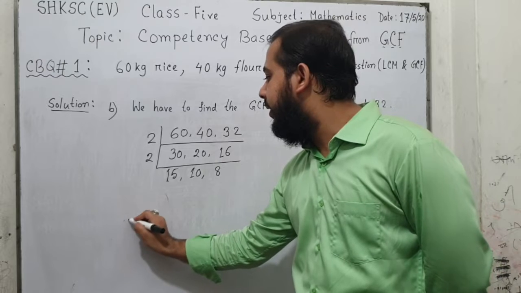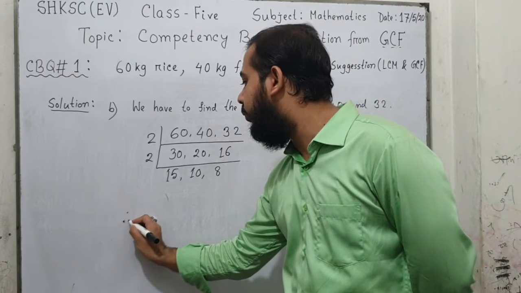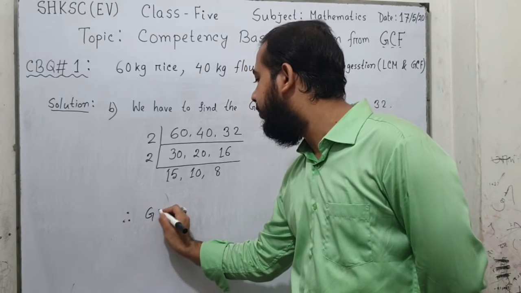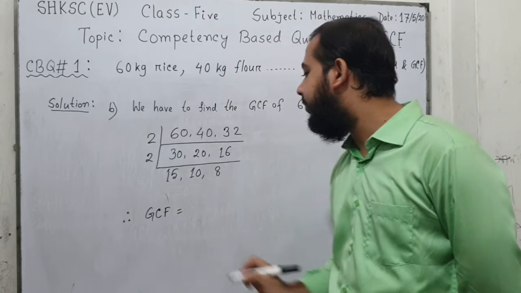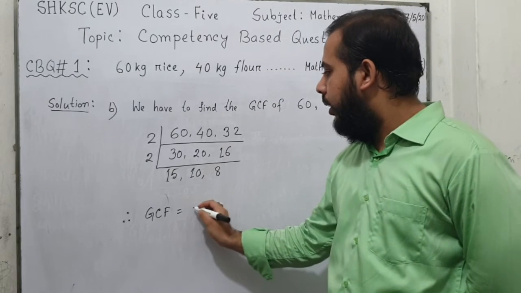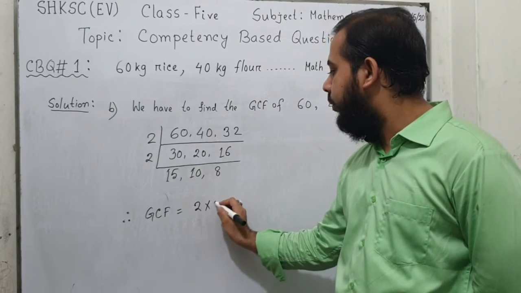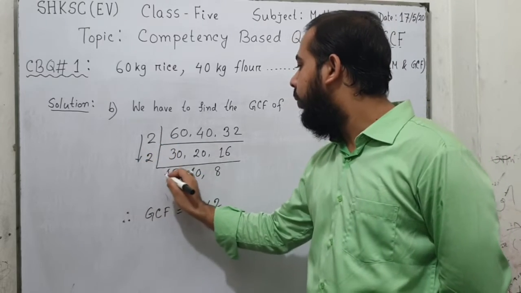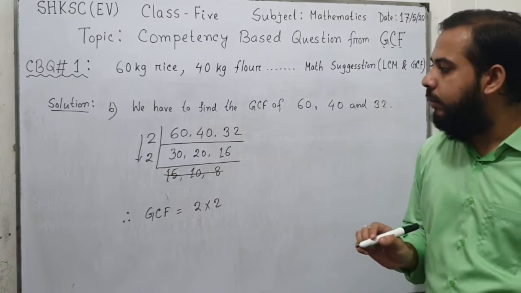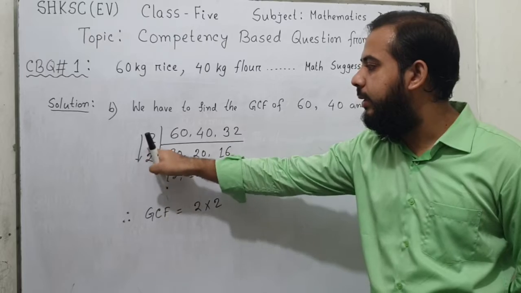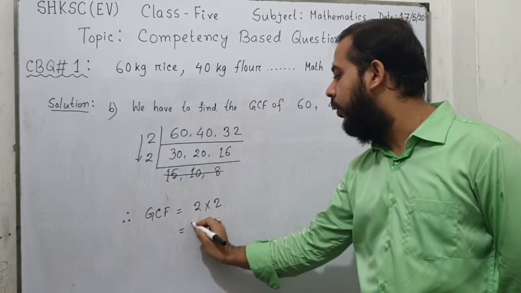So the GCF will be 2 times 2 only. These two numbers only. We cannot take the bottom numbers. We will take these two numbers only. 2 times 2 is 4.